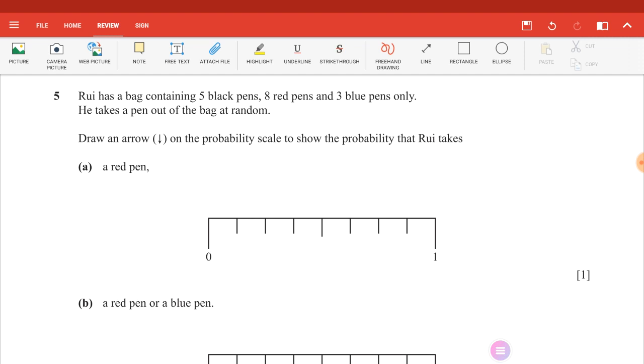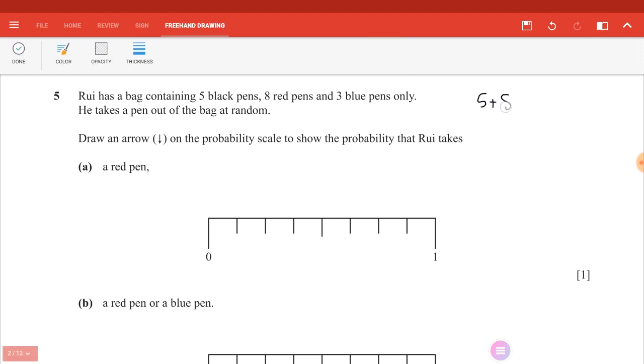We have a total of possible outcomes, which is 5 plus 8 plus 3, giving 16. So we will divide this scale into 8 parts, so each part will have 2 over 16.